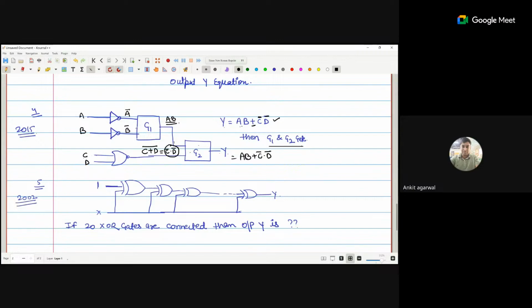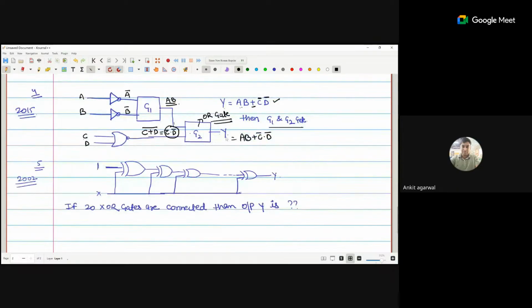So that means G2 is what? OR gate. So my G2 gate is OR gate.